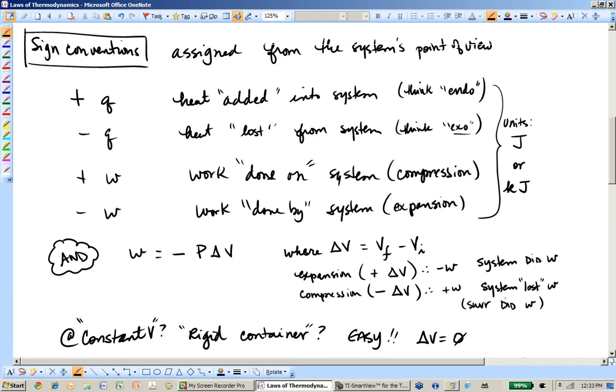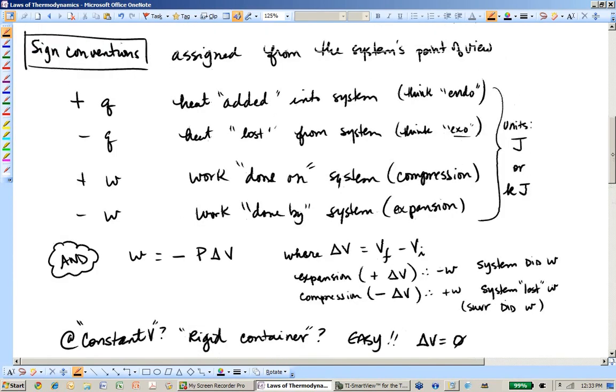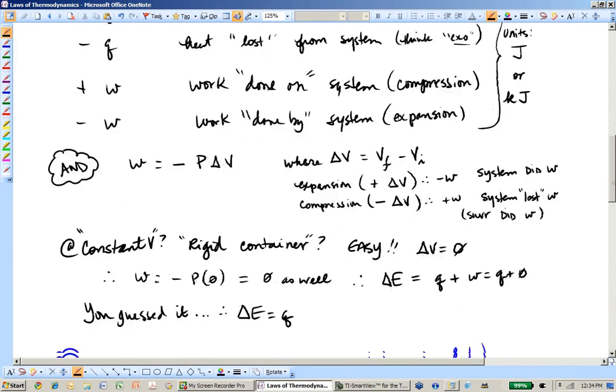If the system made the walls of the container go outward, all by its lonesome, then we give it a negative sign, and work was done by the system, and that's an expansion. But whether it's Q or whether it's W, it's all about energy, and it's done in units of joules or kilojoules.